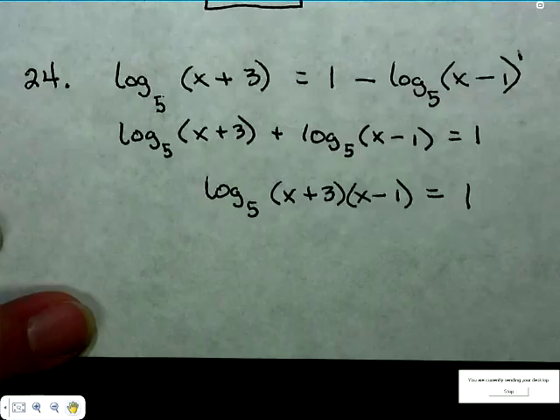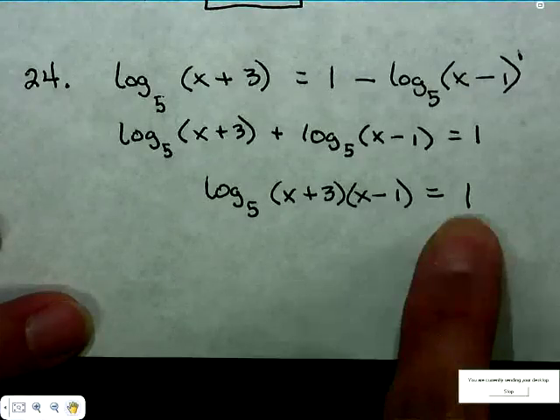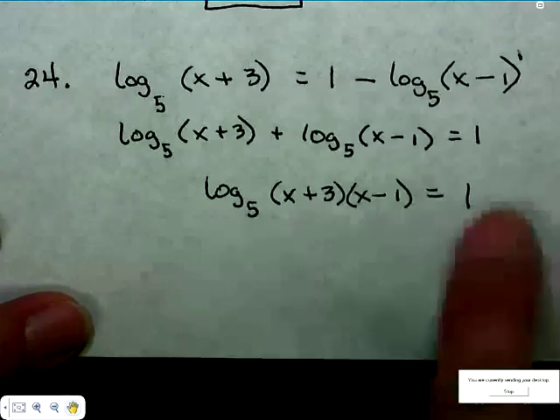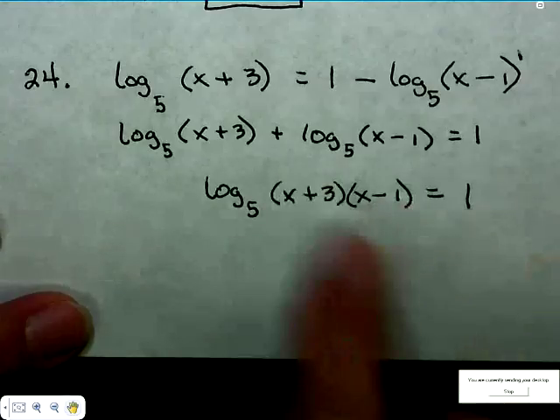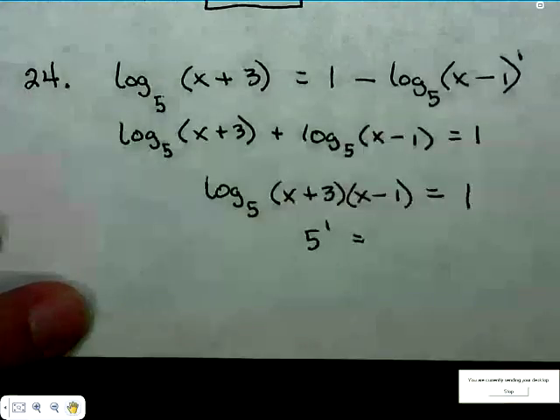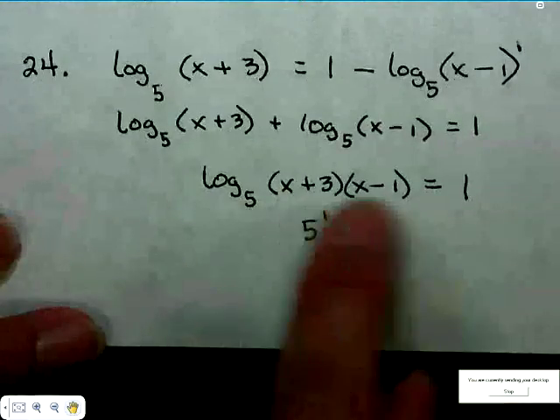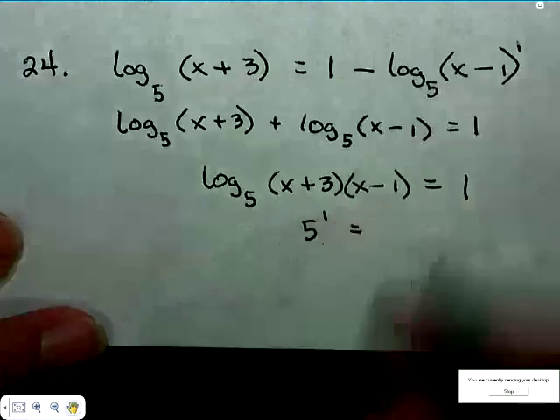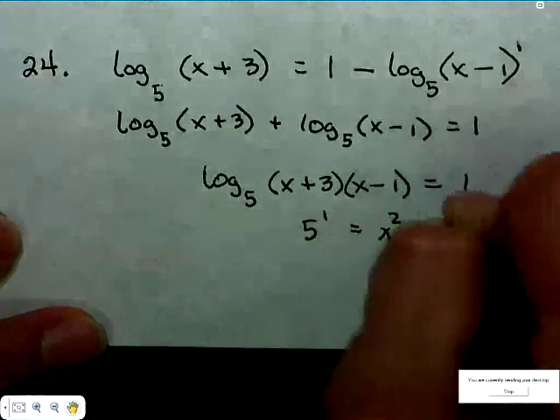The base is 5. The exponent is this 1. And 5 to the first equals this argument. Just to save myself a step, I'm going to go ahead and multiply that because I know it will be a quadratic equation.